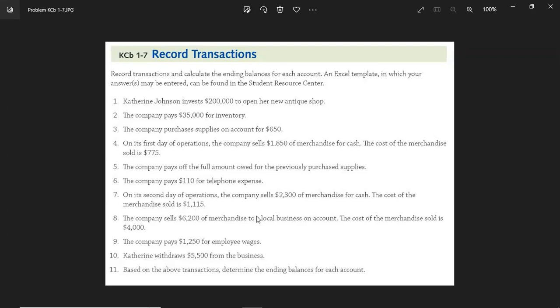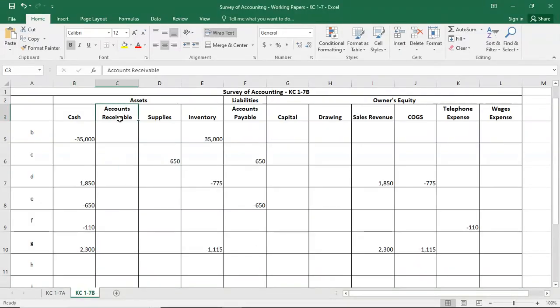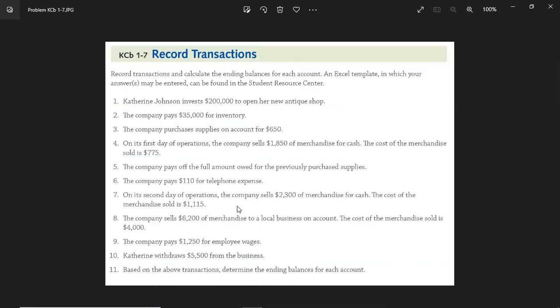When we sell something on account, we're going to use something called accounts receivable. Accounts receivable keeps track of who owes us money. Okay. Again, accounts payable is when we owe someone money. Accounts receivable is when someone owes us money. It's an asset. It's something we own. Okay. We own that money even if we don't have it on hand.